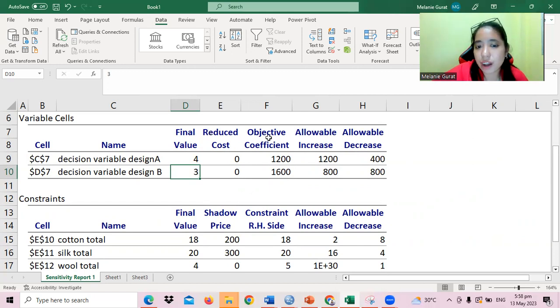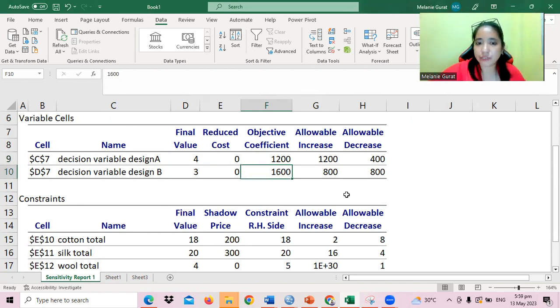The objective coefficient presents the profit that we identified in the problem. So if we sell 4 gowns, we will gain a profit of 1,200 multiplied by 4. This is the profit per gown for design A and the profit for design B.